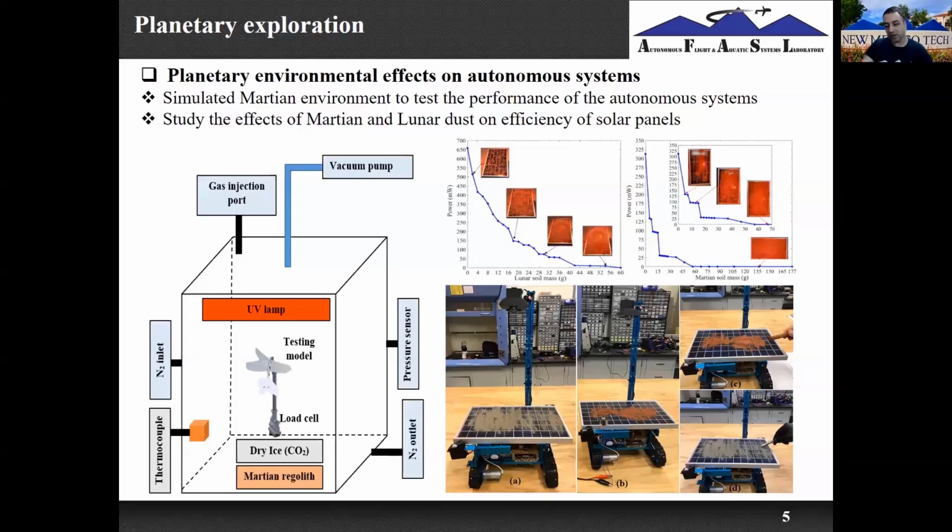Here, one of the projects that we have done is a rover which has a camera taking pictures of the solar panel. There is an Arduino board and a Raspberry Pi, which work as the brain of these robots.